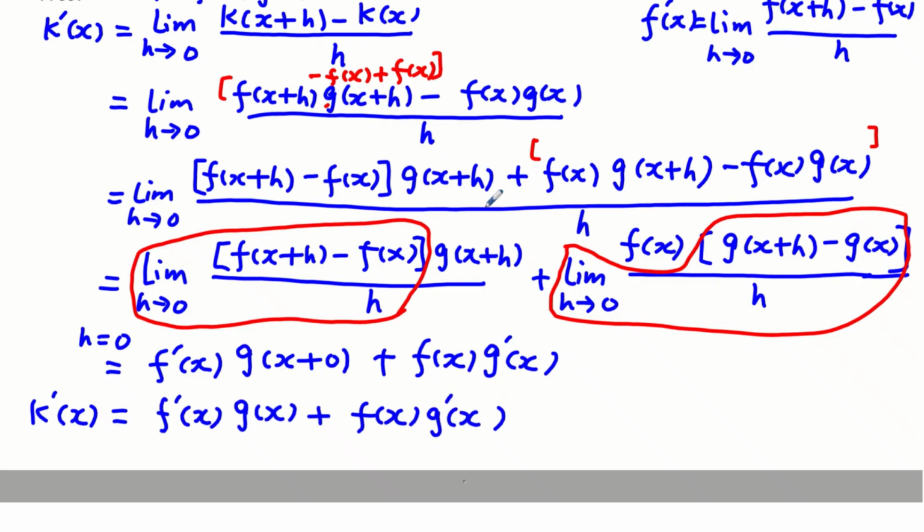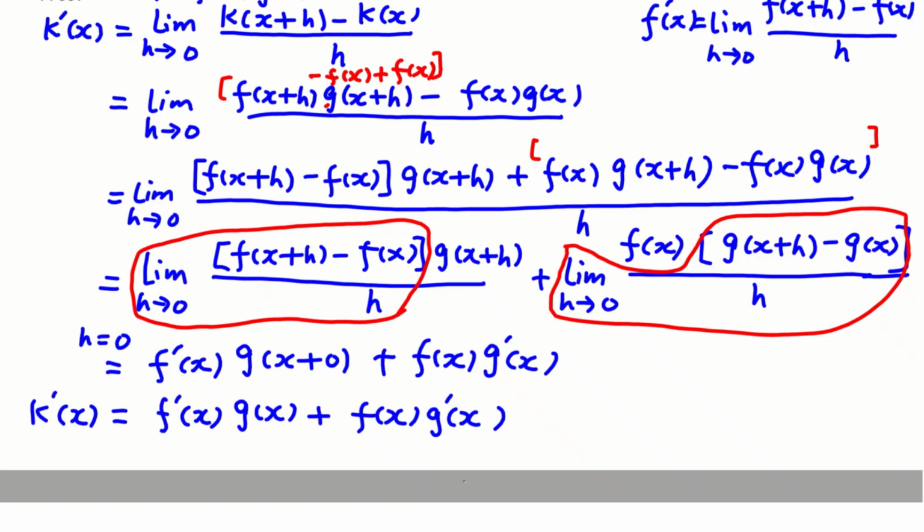And this is the way that the mathematician figured out the derivative of the product of two functions. The derivative equals first function derivative times second function itself, then plus first function itself times derivative of the second function.